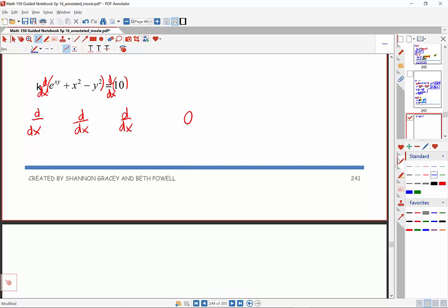So this first one will be d dx of e to the xy, and then plus d dx of x squared, and then minus d dx of y squared, and that's all going to equal 0.